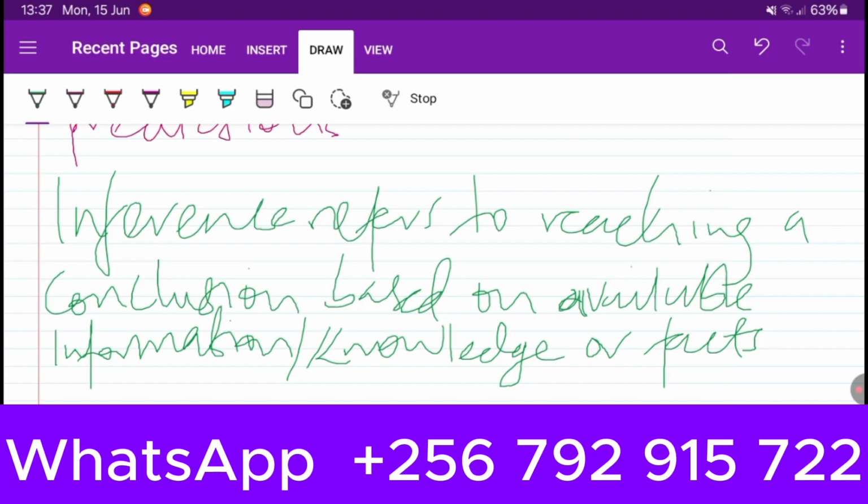So the main aim of statistical inference is to make certain determinations with regards to the unknown constants.